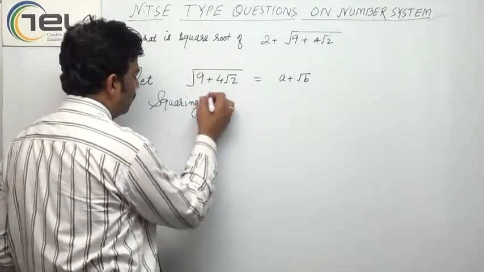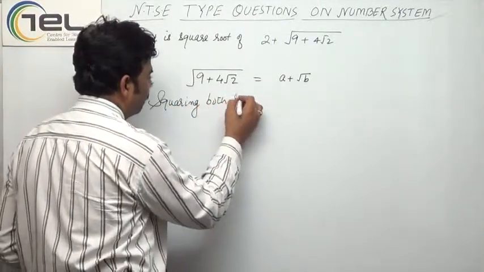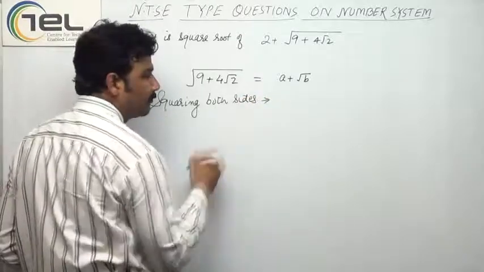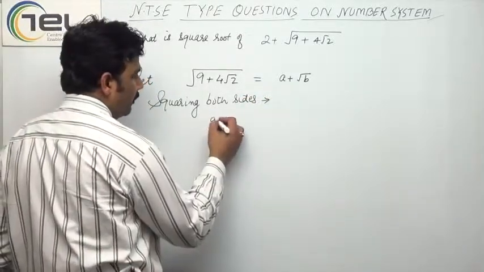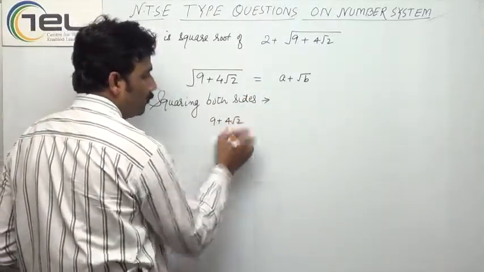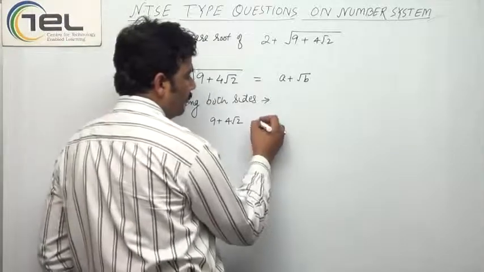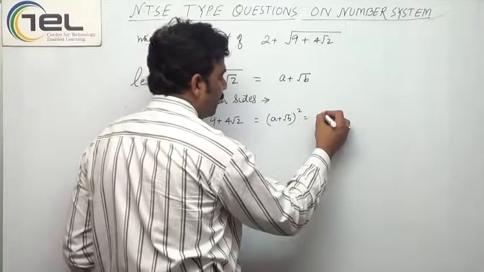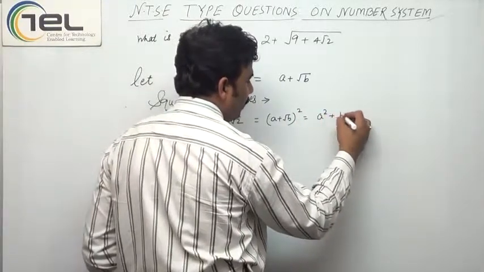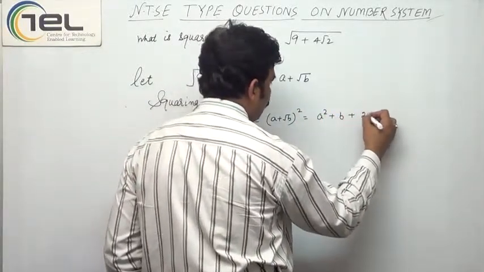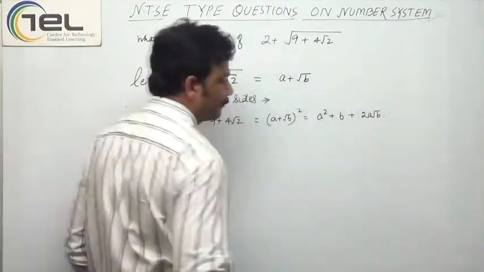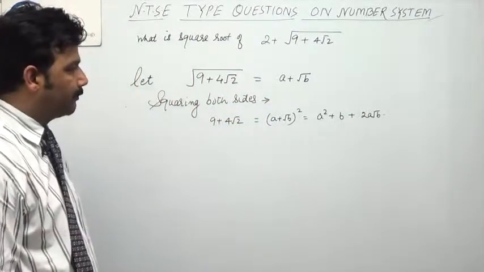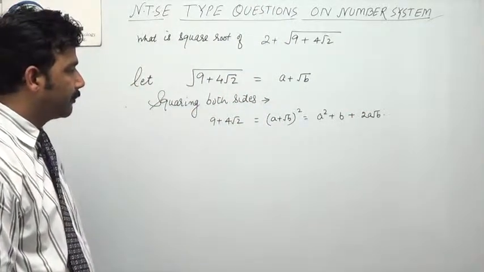Squaring both sides, I get 9 plus 4 root 2 equals a plus root b whole square, which is a square plus b plus 2a root b. It is like this. Clear?